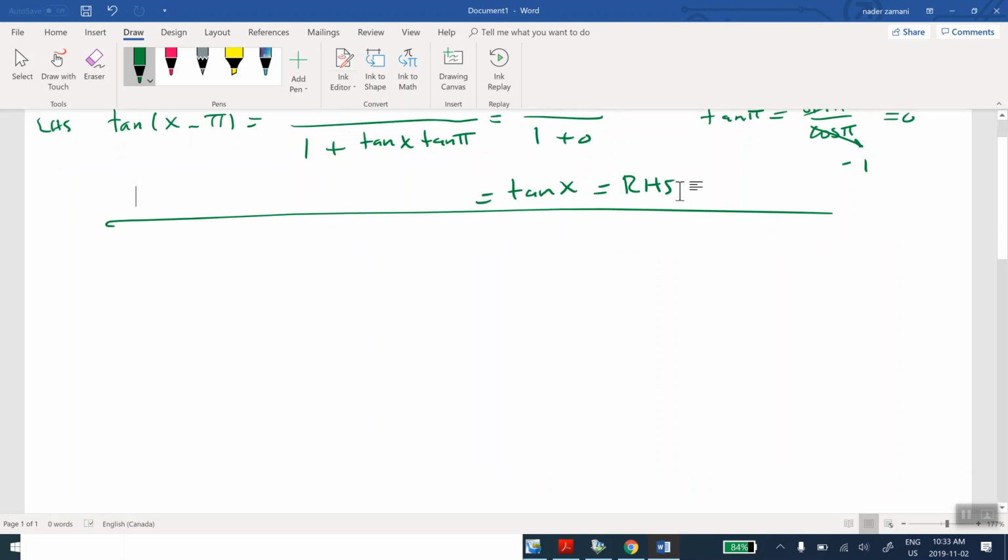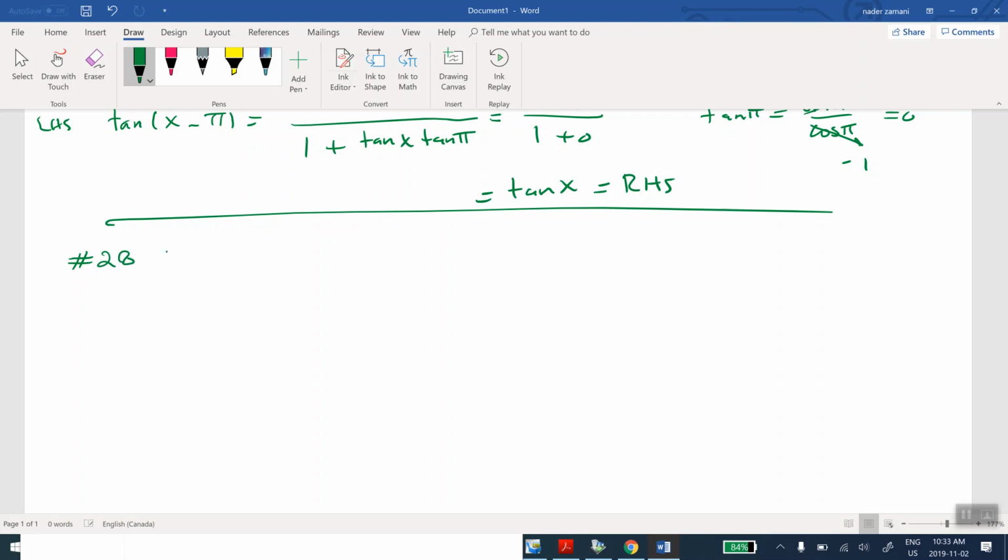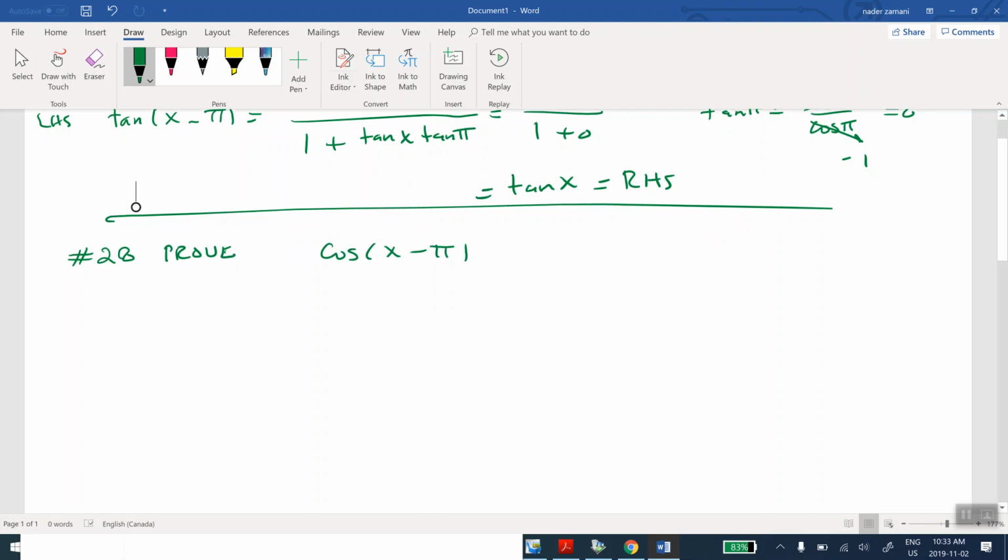Number 28. Prove cosine of x minus pi equals minus cosine of x. Okay, so left-hand side, cosine of x minus pi, go look it up.